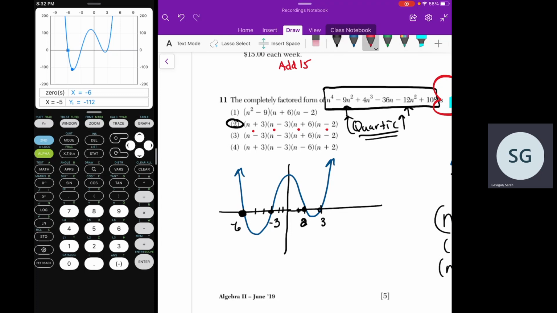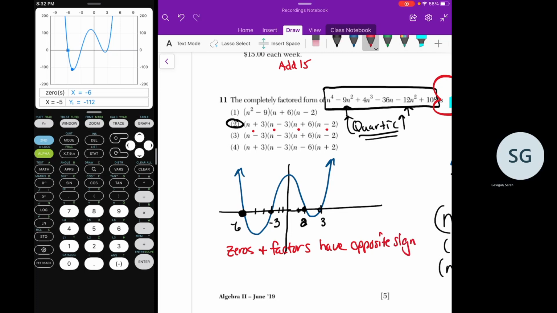But the relationship is that the zeros and the factors, remember, have opposite signs. That is the shortest way of explaining that. So if I know one of my zeros is -6, then the factor related to it is x plus 6.